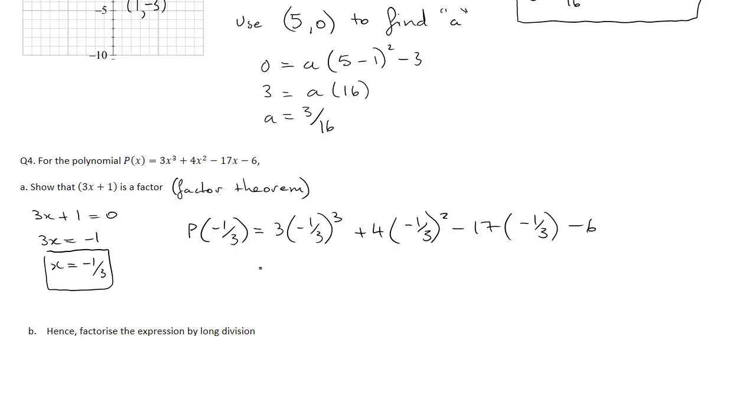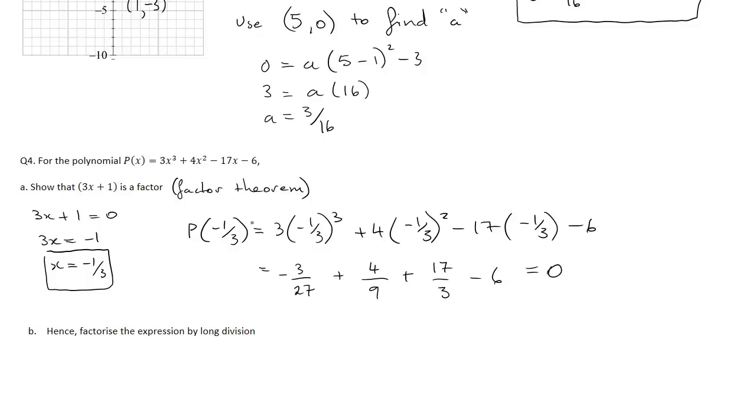Okay, and what you end up with is -1 over 27, so 3 times 27 with a negative on the outside, plus 4 over 9, plus 17 over 3, minus 6. And all of that, when you add it up, should give you 0.